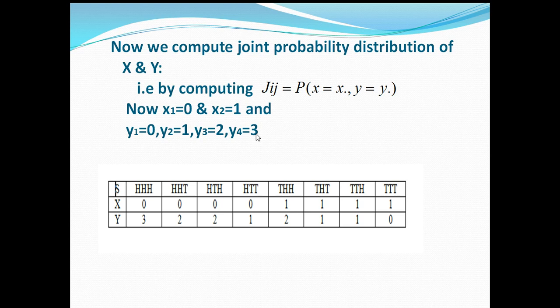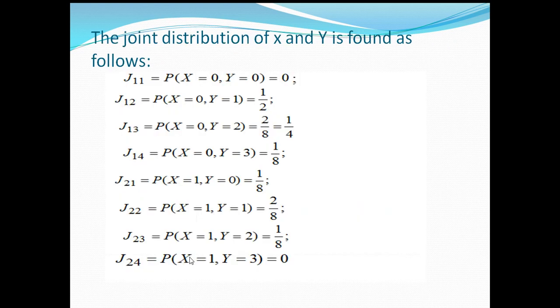Now we'll find out the first value according to our joint distribution. x takes the column value, y takes the row value, and x1 with y1 gives the j11 value. So let me move on to the next slide. Here the joint distribution of x and y is found as follows.